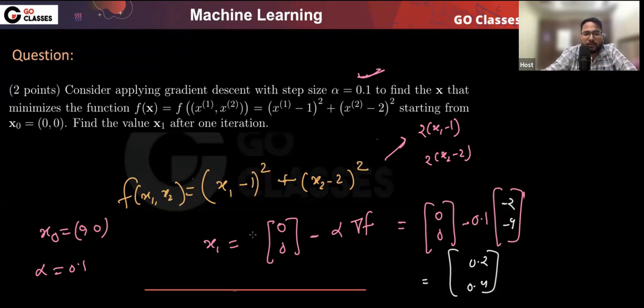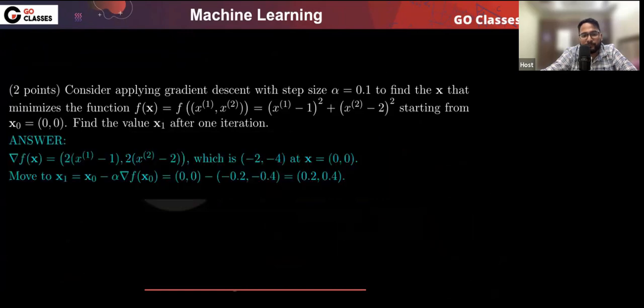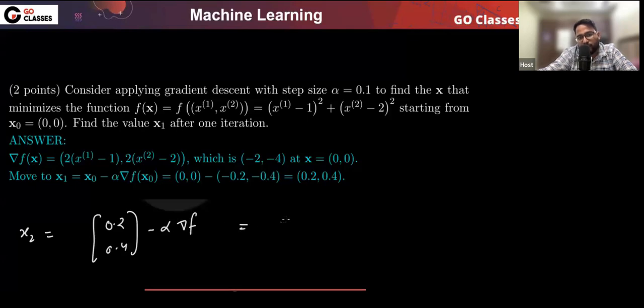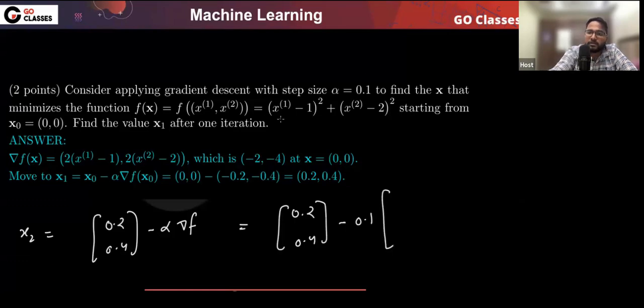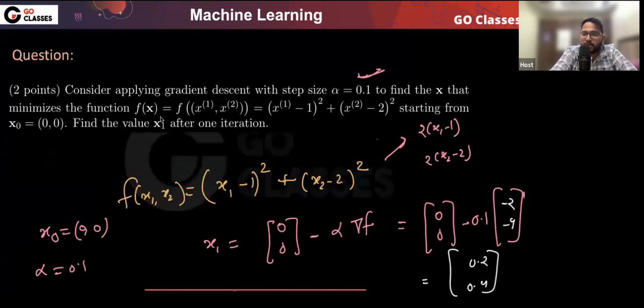Okay. Can you calculate one more point? What will x2 be? It will be x1, which is 0.2, 0.4, minus alpha times the gradient of f, which is 0.2, 0.4 minus 0.1 times the gradient. The gradient was actually this, right?